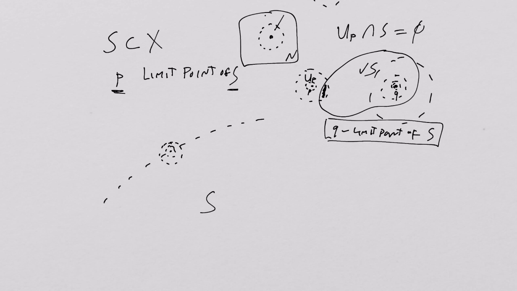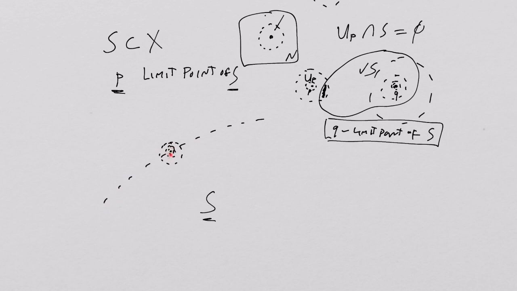Every open neighborhood of that point will contain some points of S, and because of that, every point on this boundary is in fact a limit point of S. And this shows us that limit points do not have to be in S. There's no point on this little line here, this boundary, which we'll define even more intensely later, but there are limit points of S that are not contained in the set.